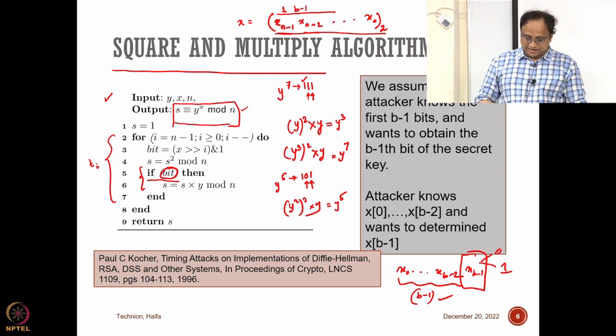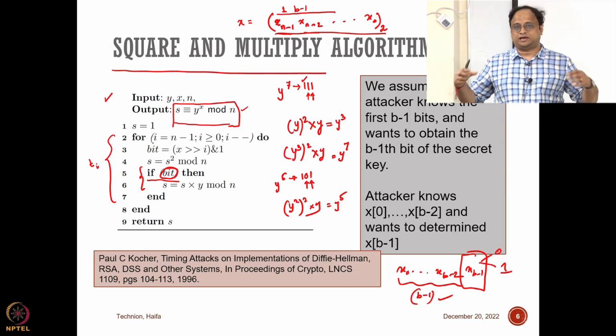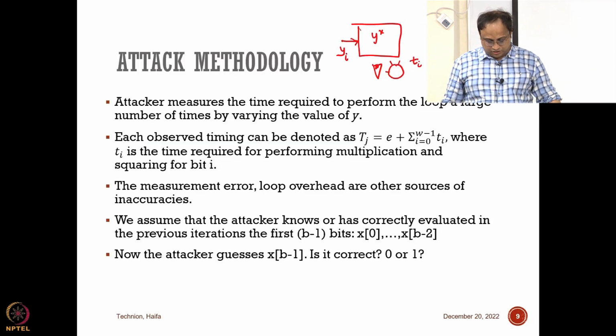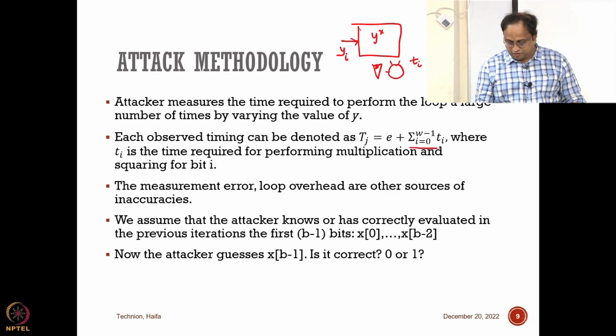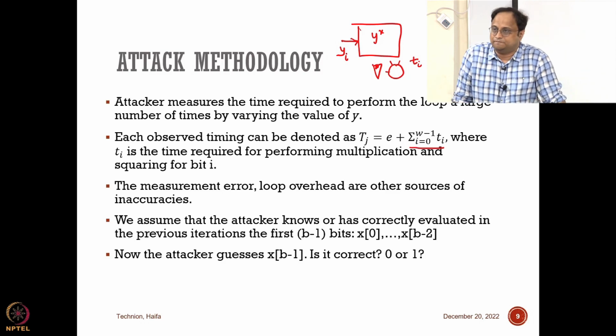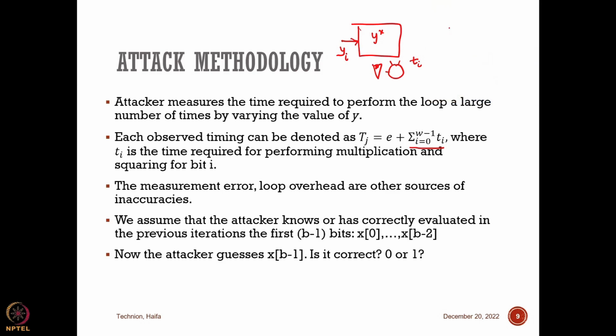If the total length of the exponent is w, the width of your exponent, then the total time you can write as the sum of ti, where i goes from 0 to w minus 1. Your x is of dimension w bits. Does it make sense how this part comes in?